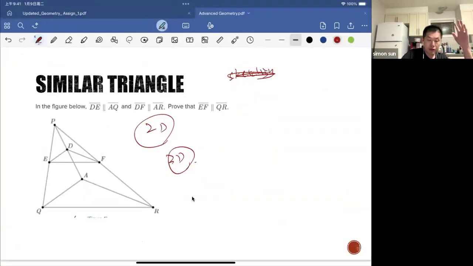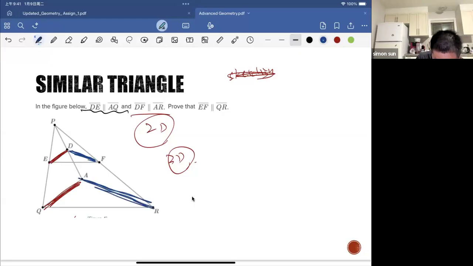So the two things we have right now are DE is parallel to AQ, and we also have DF is parallel to AR. Now we want to prove that EF is parallel to QR.